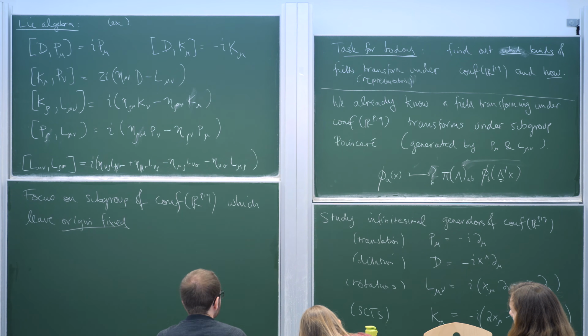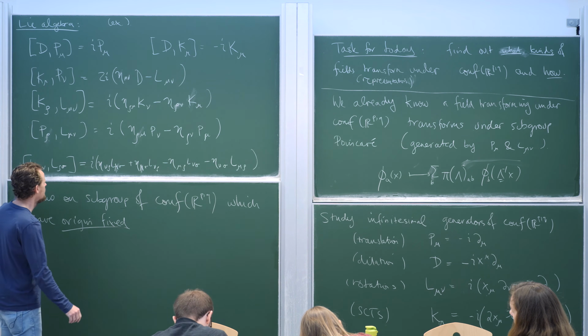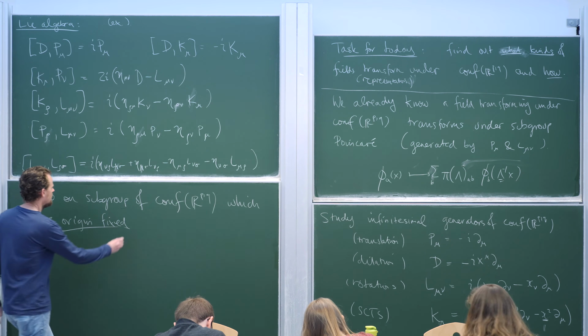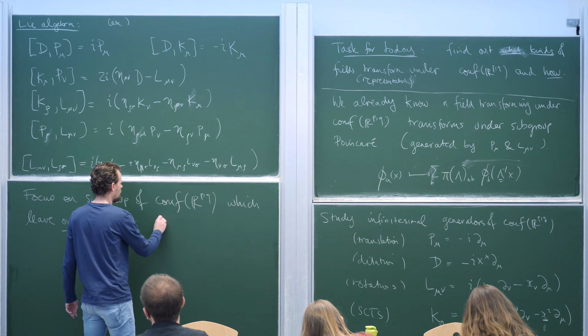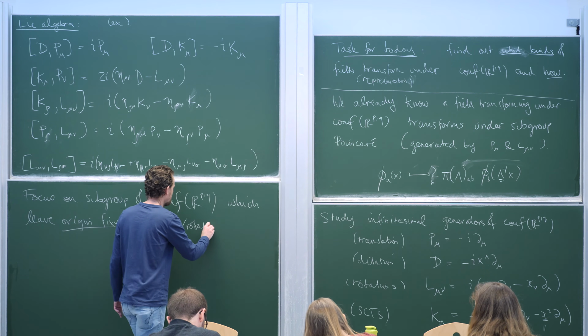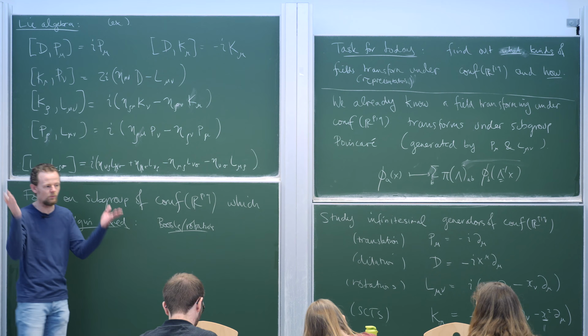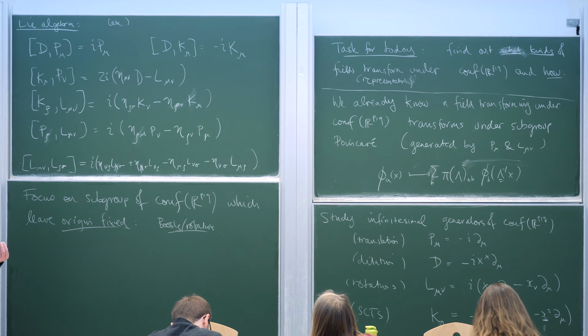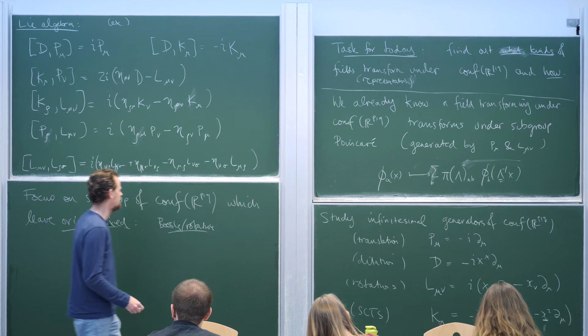So the field before at the origin is the field at the origin afterwards. I hope you can already guess what that subgroup looks like. What transformations have that property? Well, boosts and rotations do, right? In one frame something's at the origin, then in the new frame after a boost it's still at the origin. Everything else gets squished and rotated, but something at the origin remains at the origin.